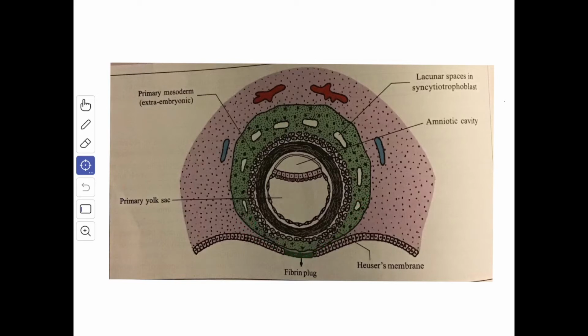So on the 8th day of development, the trophoblast differentiates into an inner layer, the cytotrophoblast, and the outer layer, the syncytial trophoblast. The differentiation is more pronounced at the embryonic pole of the blastocyst.